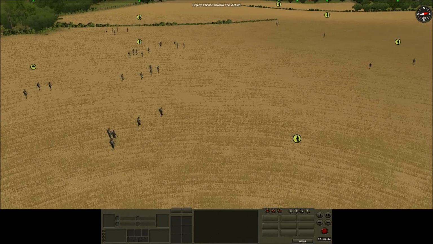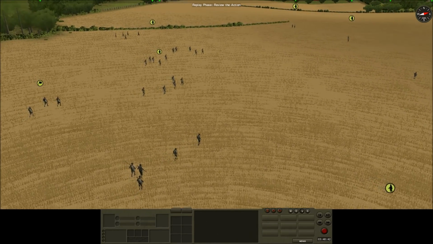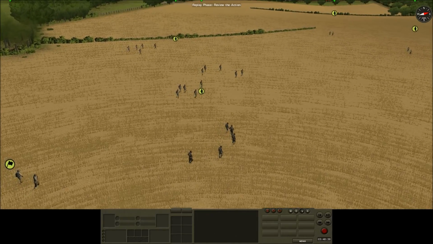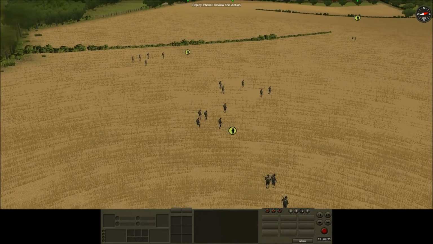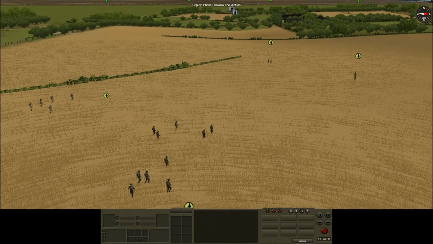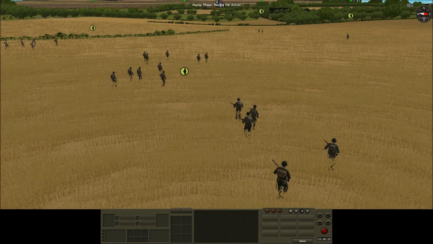This formation is slow, difficult to maneuver, but allows for maximum firepower to the front. The platoon is less vulnerable to fire from the front, but more vulnerable to flanking fire.